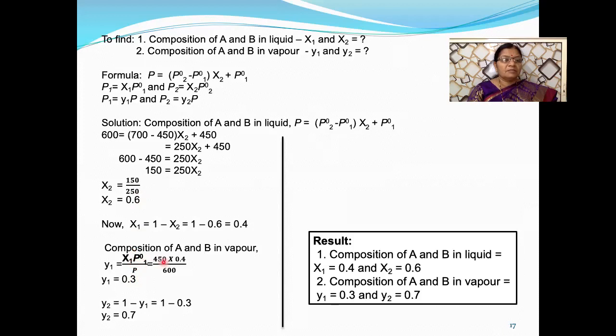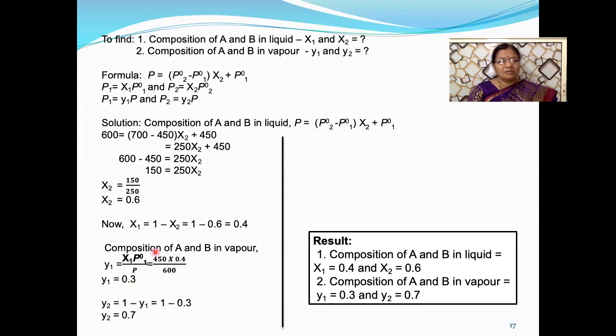X1 is 0.4, P01 is 450, as given in the numerical, and P, the total pressure, is 600 millimeter. After calculating this multiplication and division, it gives the final answer 0.3.